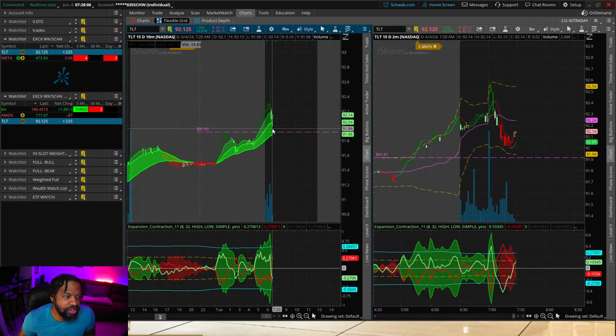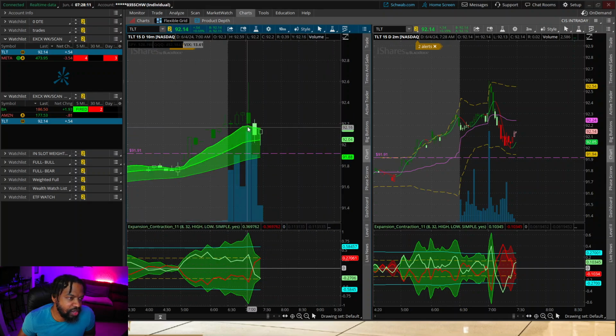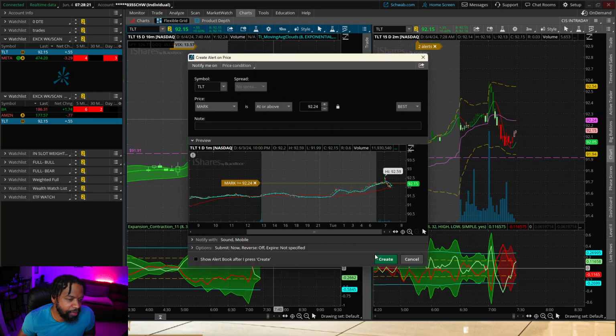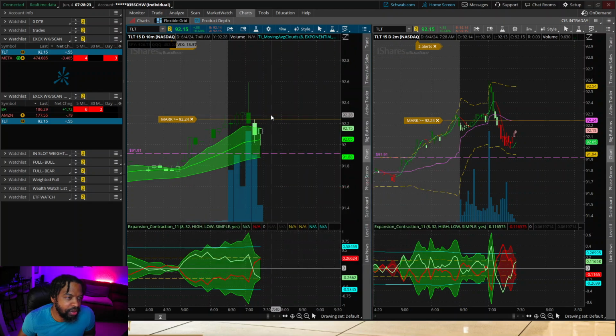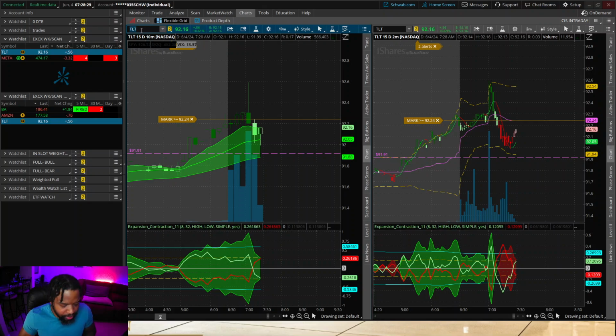Let's say the TLT. So kind of same thing here with the TLT as it pulls into here. The previous candles here, so we need to break that before we can see TLT as the same kind of setup in the long run there. We'll run back to SPY here real quick.